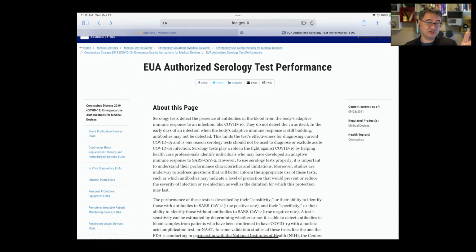Back when I first looked at this, a little over a year ago, there were only about 20 or so companies and their tests on here. Now hundreds of companies have produced these tests. And there are two kinds of ways to administer the test. There's one called lateral flow, and there was one back then called ELISA, E-L-I-S-A.